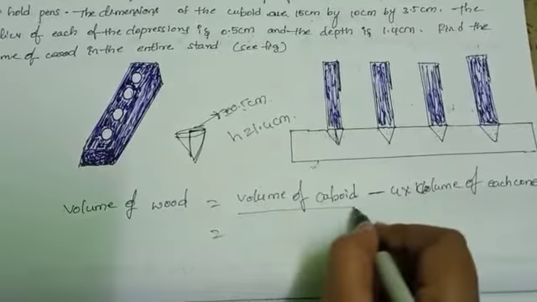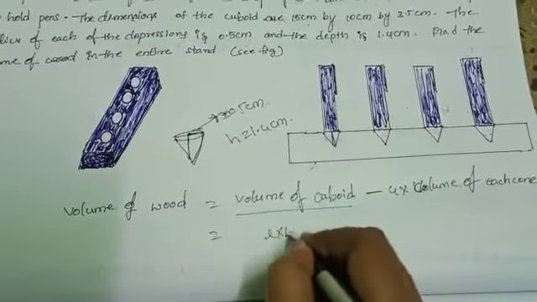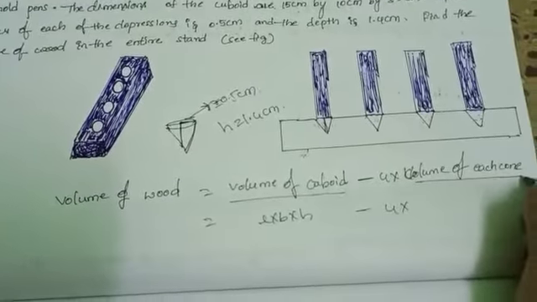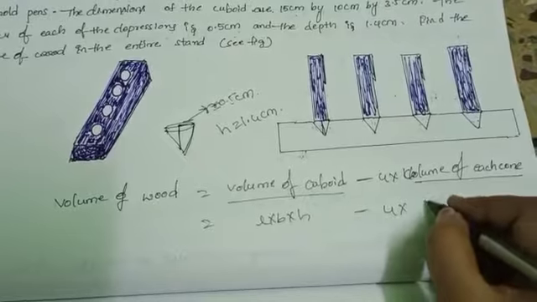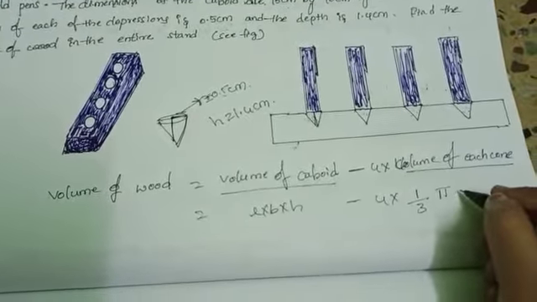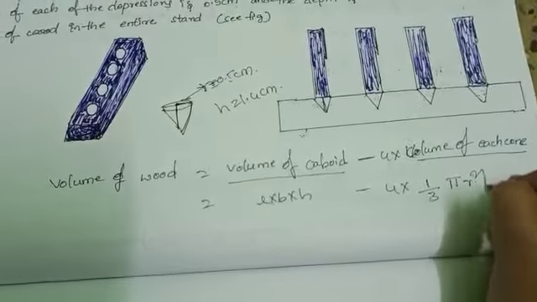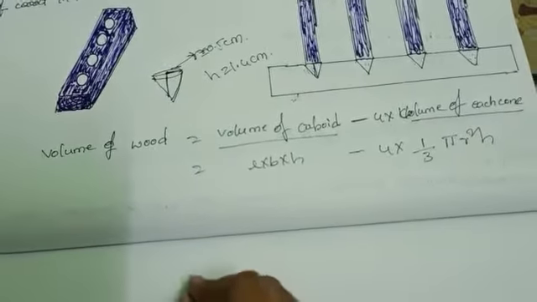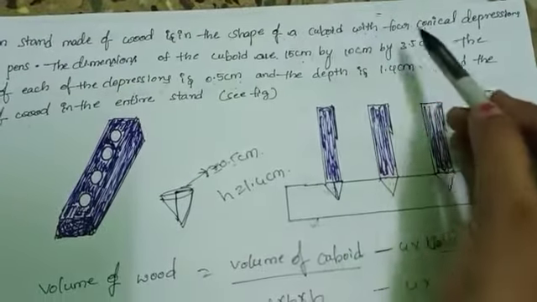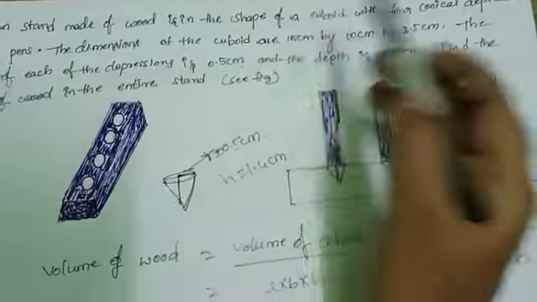What is the volume of the cuboid? Length into breadth into height, minus 4 into volume of each cone. Volume of the cone is 1/3 pi r square h. Okay, we know the dimensions of the cuboid: 10 centimeters, 3.5 centimeters, 15 centimeters.